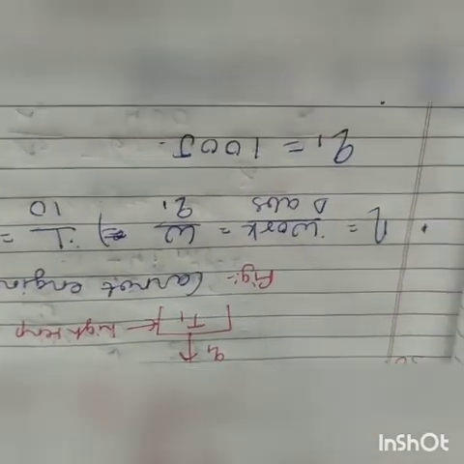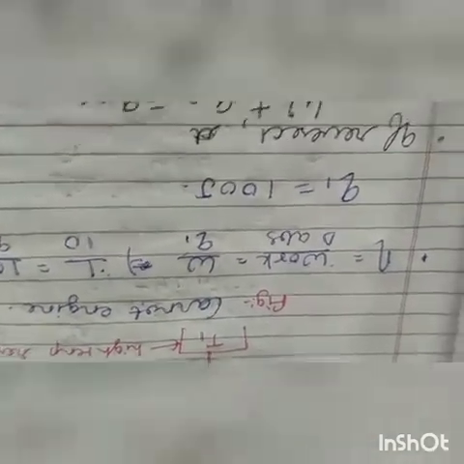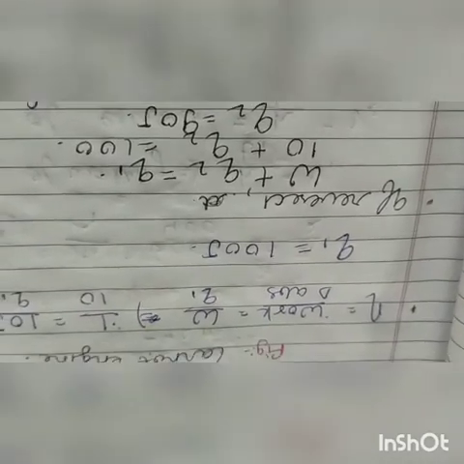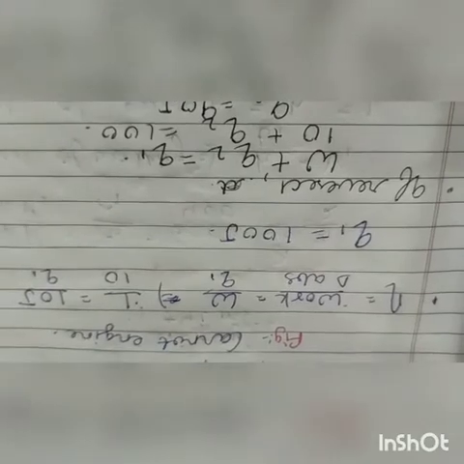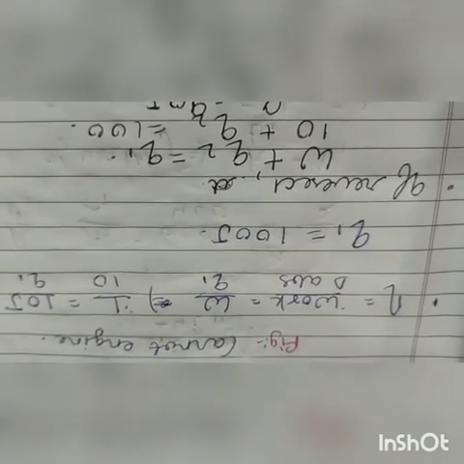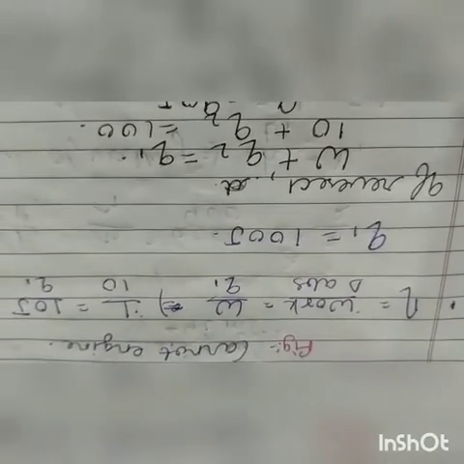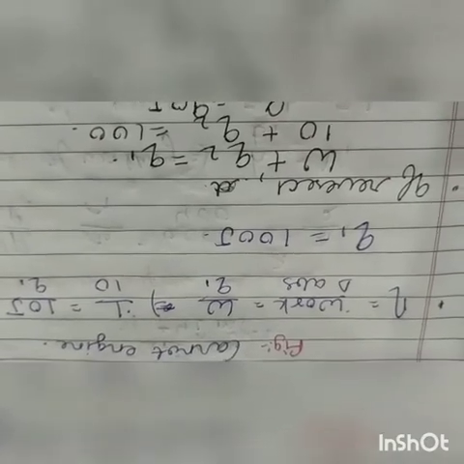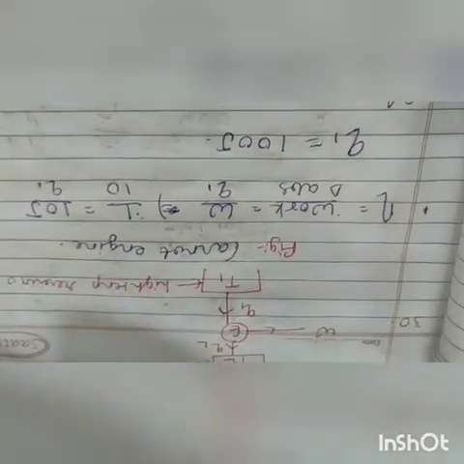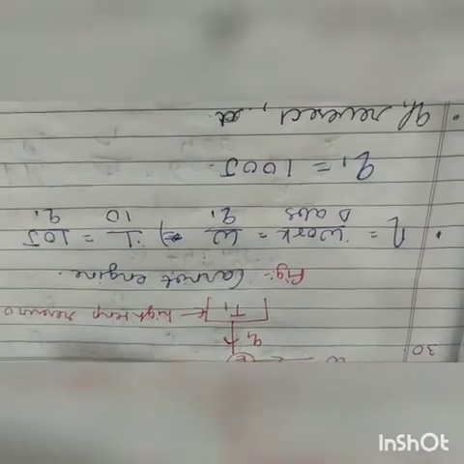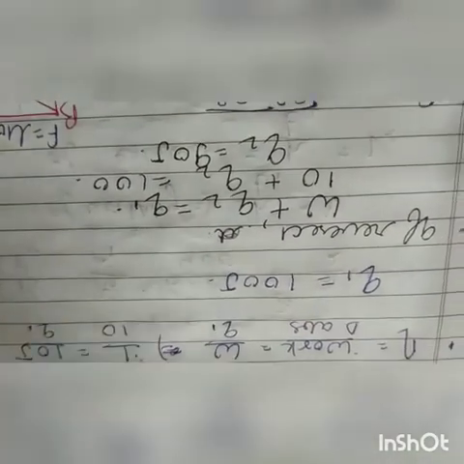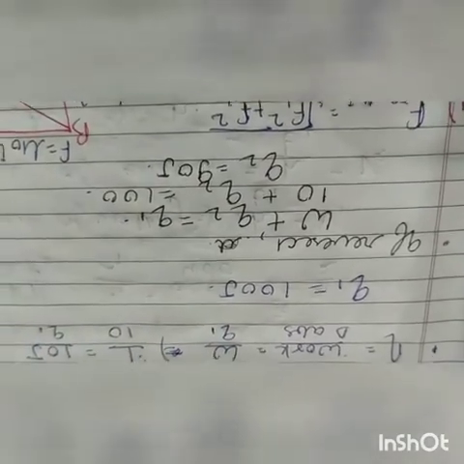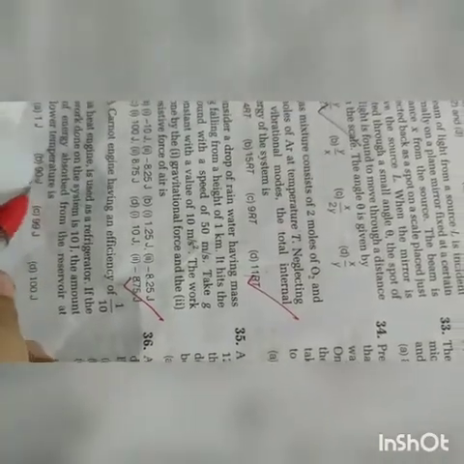We put the values and get Q1 is 100 joule. If it is reversed, it takes in work W and heat Q2 from the cold reservoir and ejects 100 joule of heat to the hot reservoir. So W plus Q2 is equal to Q1. We put the values and get Q2 is equal to 90 joule. This is the correct option, 90 joule.